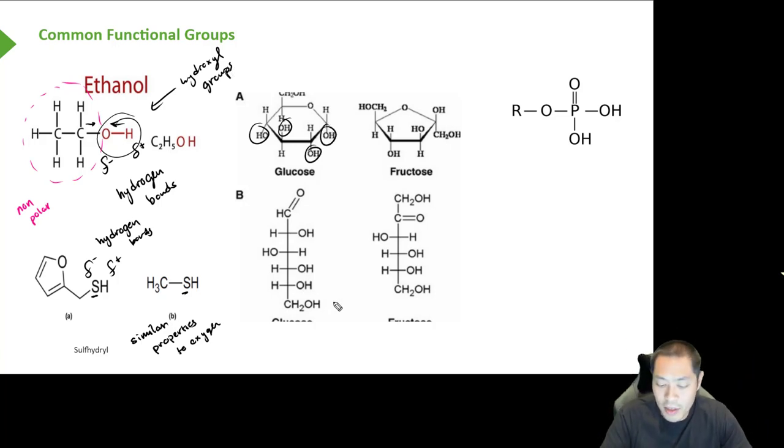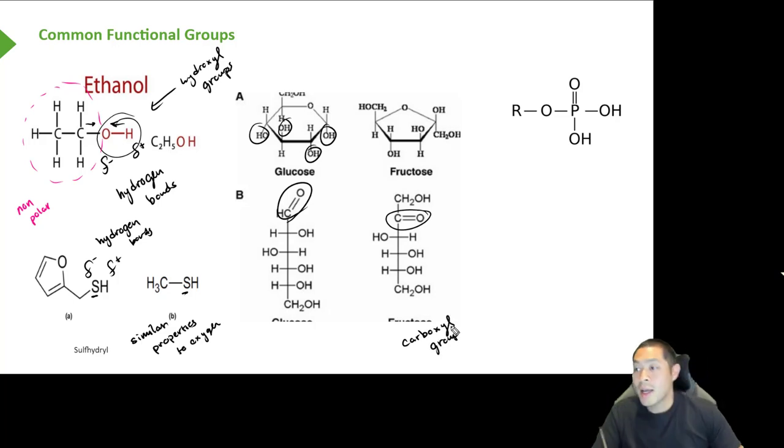But in a linear one, you actually have this thing right here, which is a carboxyl group. And the carboxyl group is actually really cool too. You have a not very electronegative atom in carbon, and a very electronegative atom in oxygen. So you get a partial negative and a partial positive.